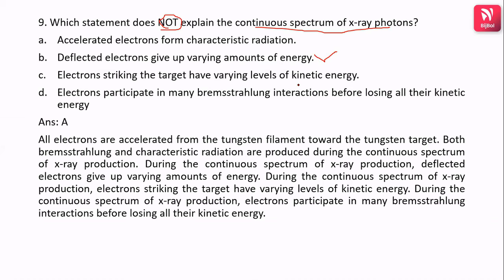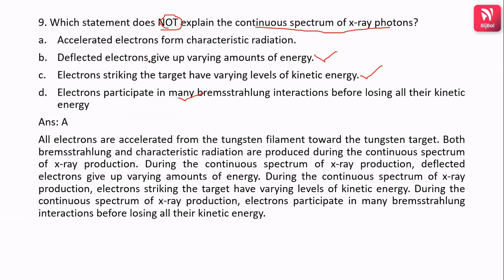Yes, in a continuous spectrum, the electrons, when they strike the target, do have varying levels of kinetic energy. And in a continuous spectrum, the electrons participate in many Bremsstrahlung interactions before losing all their kinetic energy.